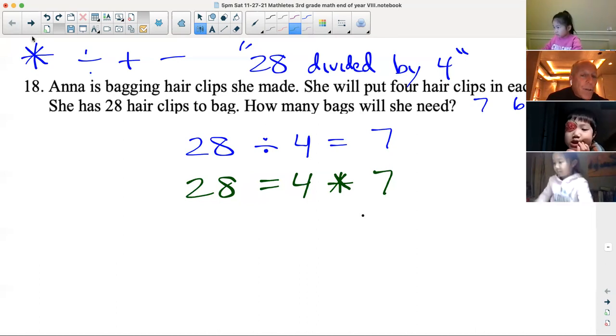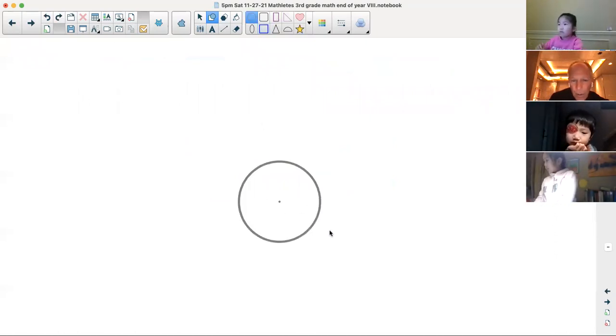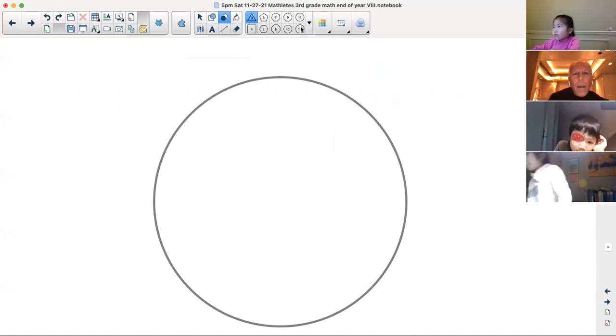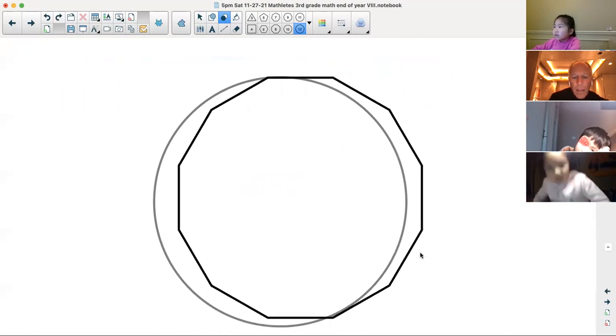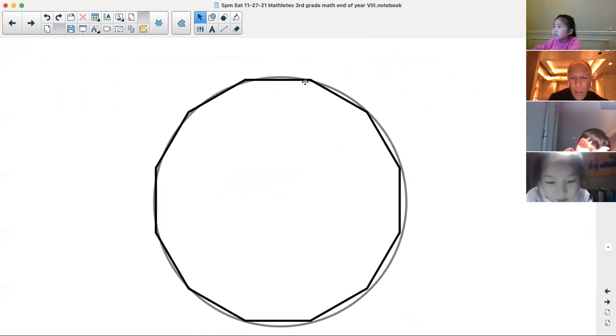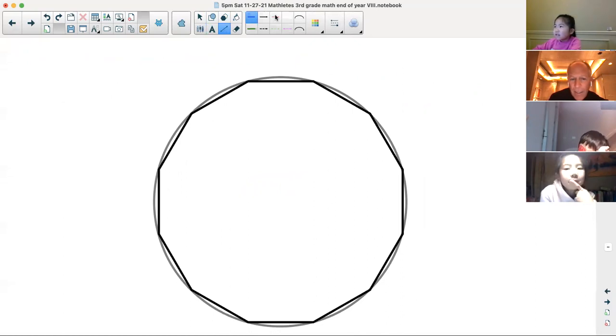Now, I want to do this next one. But before I do it, I'm going to draw a circle. And then I'm going to draw something called, let's see if I can do this. This is called a dodecahedron. Does anybody know how many sides a dodecahedron has?